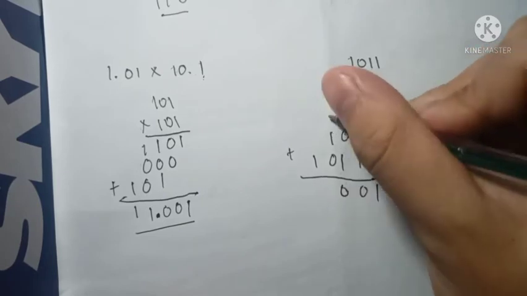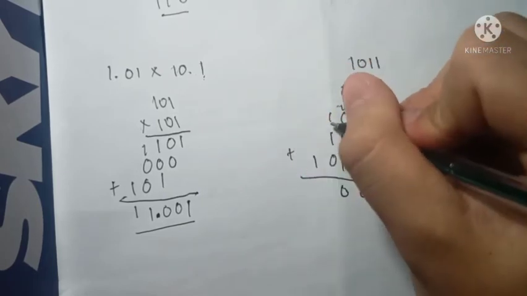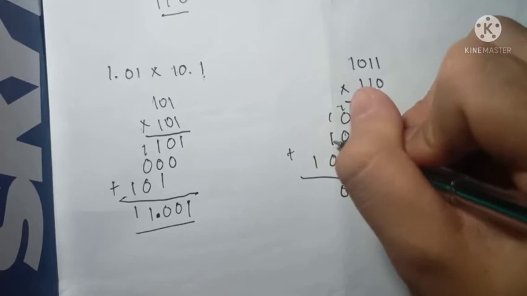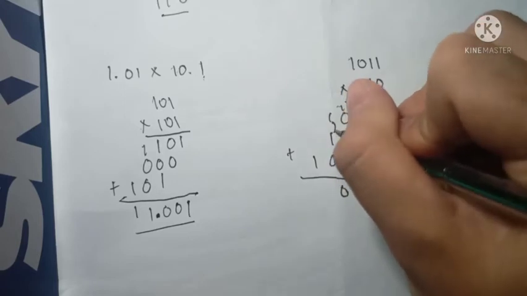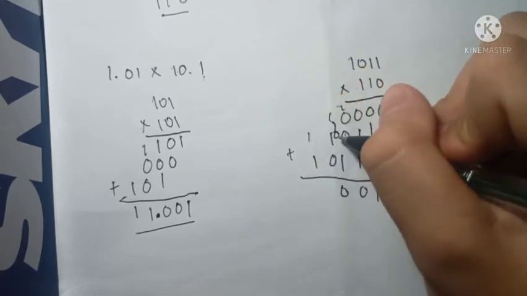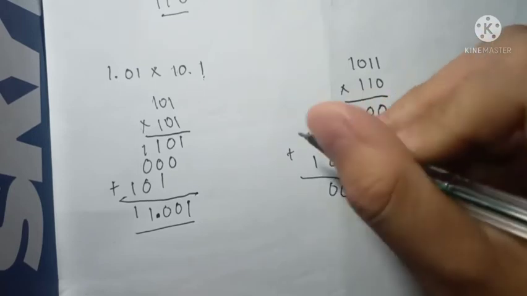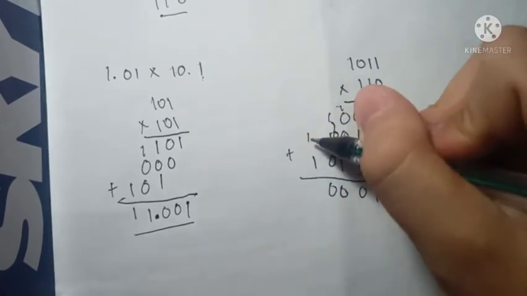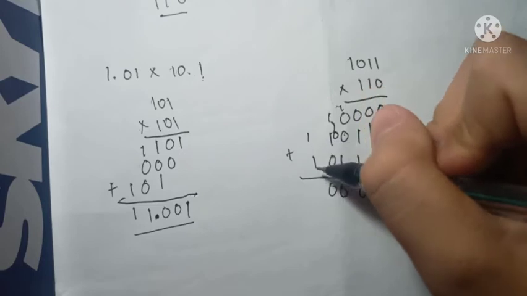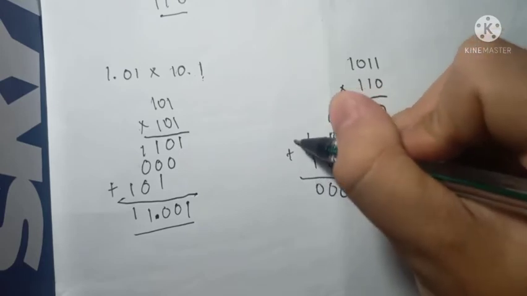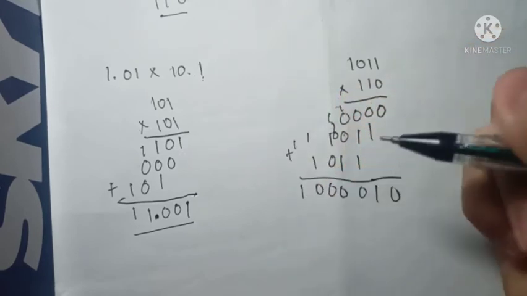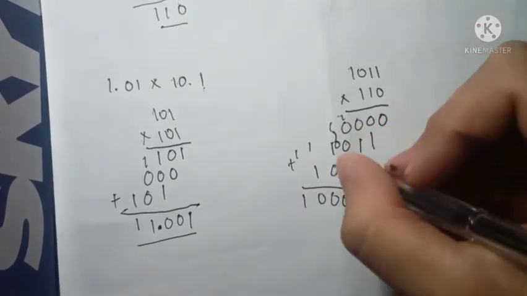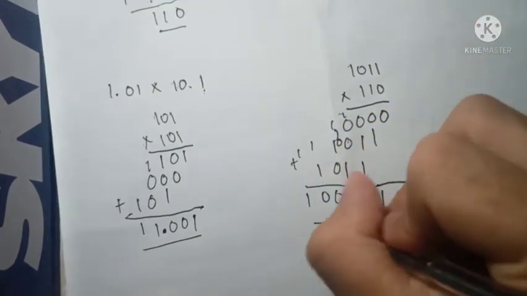So 0, carry 1. 1 plus 1 equals 0, carry 1. So 0 plus 0 equals 0. 1 plus 1 equals 0, carry 1. And 1. So this is the answer for the third problem.